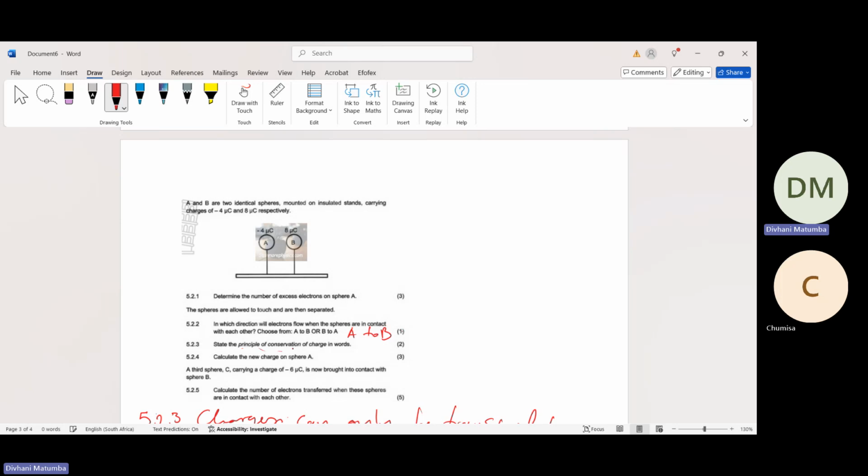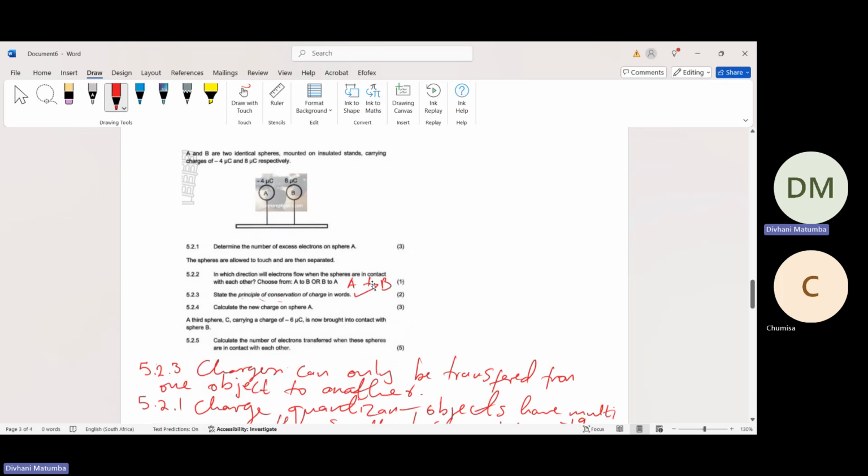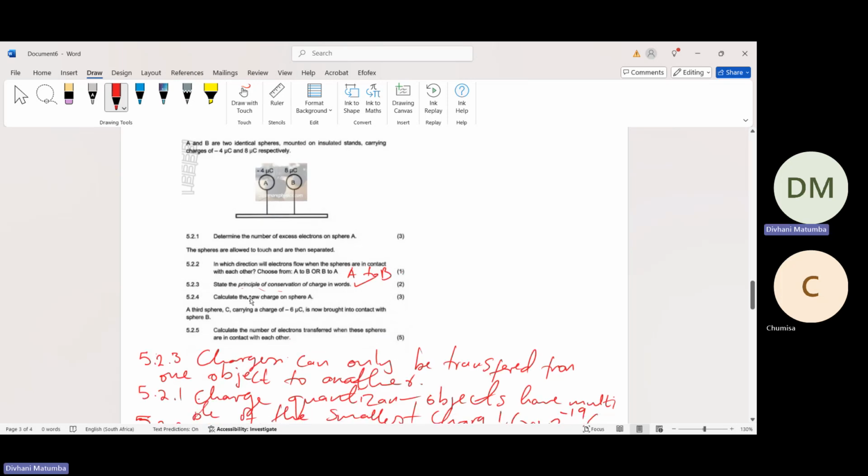Now state the principle of conservation of charge. We have already done that one. Calculate the new charge on sphere A. They said the spheres were allowed to touch and then separated.